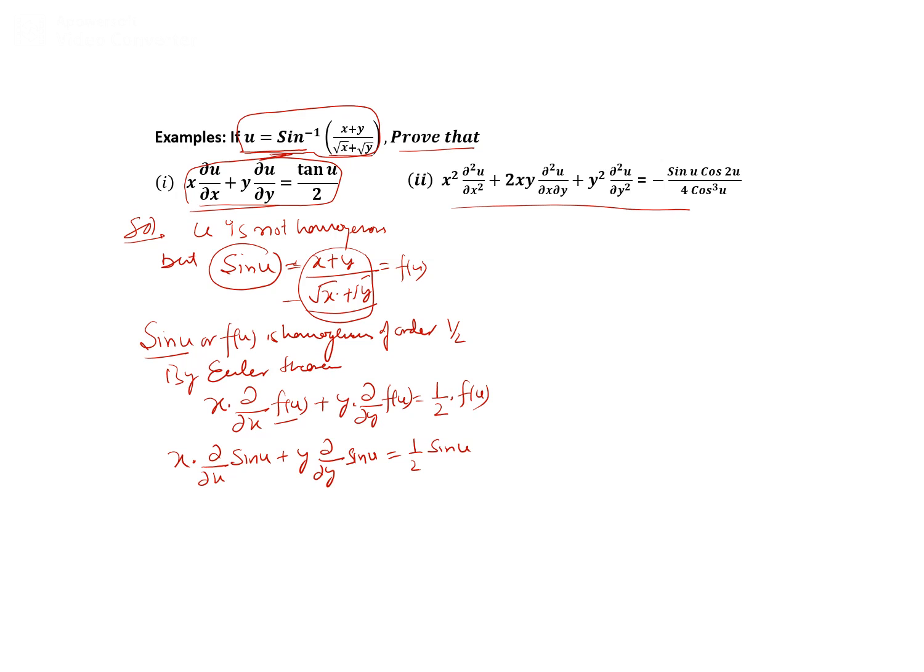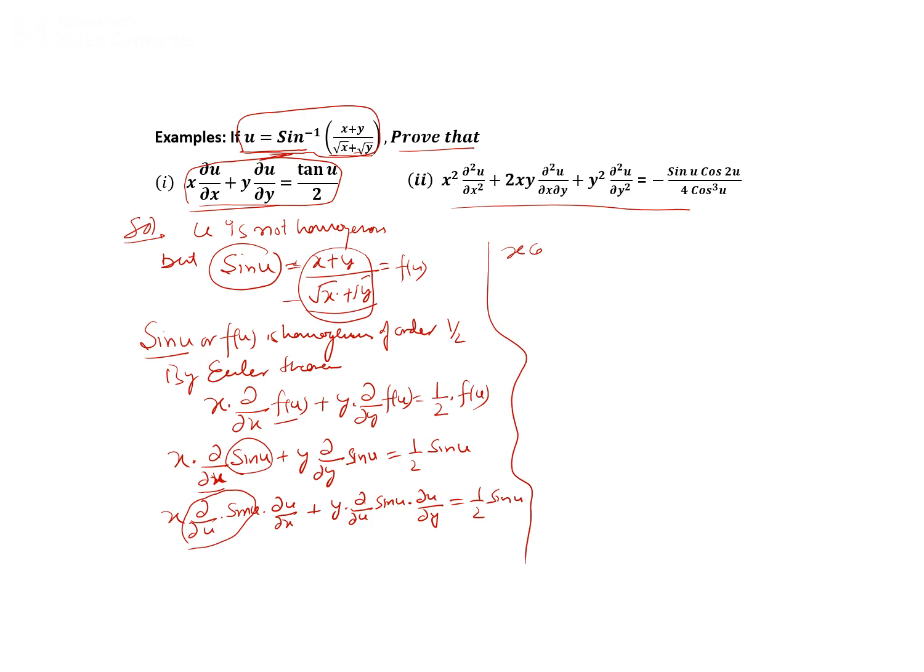Now for that function sin u, we have to take the partial derivative with respect to x, so we use the chain rule for a function of x and y. So we write ∂/∂u of sin u times ∂u/∂x, and y times ∂/∂u of sin u times ∂u/∂y, is equal to 1 by 2 sin u. Now take the derivative, sin u becomes cos u.